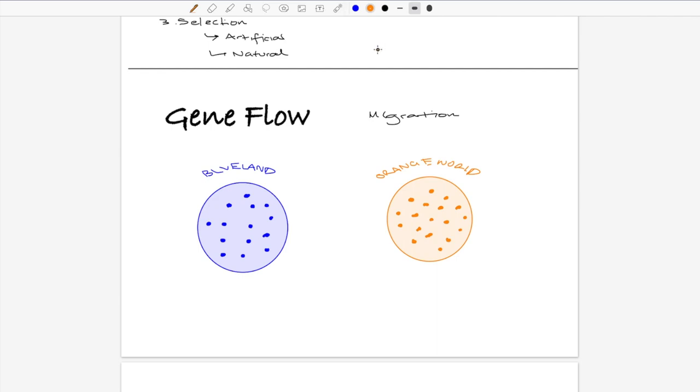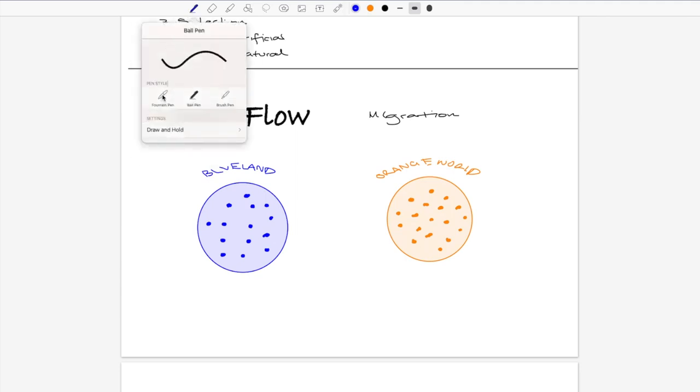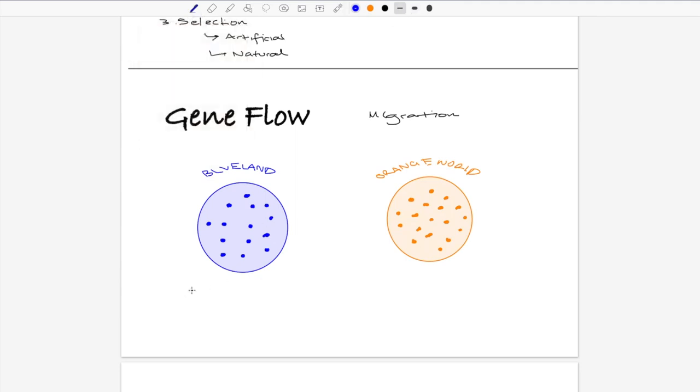Again, for simplicity, we might just say that all of the blue individuals are homozygous for that particular allele or trait, and all of the orange members in Orange World are homozygous as well, and we'll just ignore the reality of carriers or heterozygotes altogether. So in Blue Land, that would mean we have 100% blue and 0% orange. And in Orange World, we have 0% blue and 100% orange.